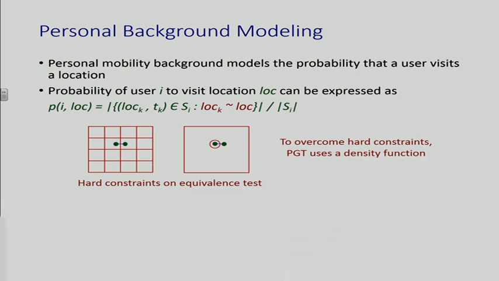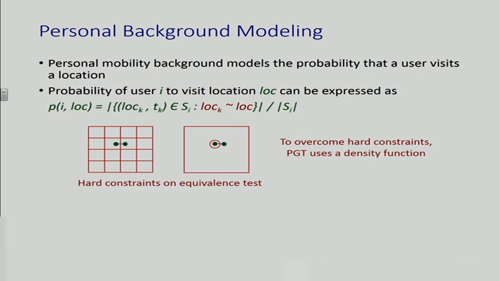And to capture the equivalence of two locations, because we are talking about spatial proximity here, there are a couple of techniques that are used. For example, one popular way is to divide the entire location space into grids, and if two users are within the same grid within a given time window, they are spatially close.